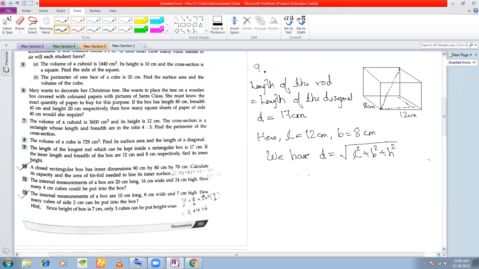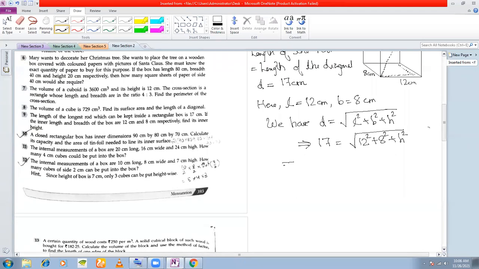Put the value of D, 17 is equal to root over 12 square plus 8 square plus H square. That means 17 square is equal to, squaring both sides, 12 square plus 8 square plus H square, right?